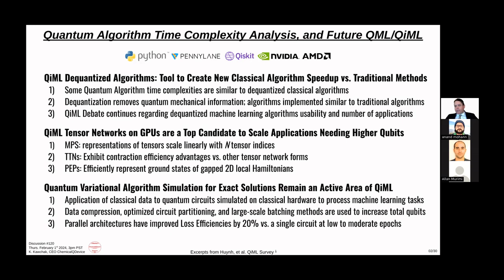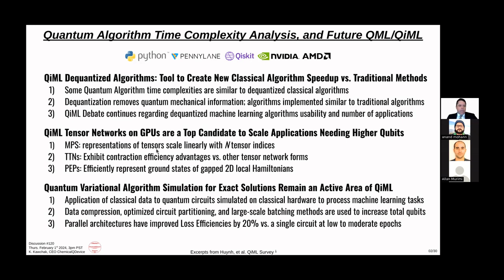This is what you most commonly find on Qiskit, PennyLane, and basically some of the limitations with running high qubits with that and trying to use data compression or optimized circuit partitioning and large scale batching, or some of these approaches to run. These are state vector algorithms, so they give exact solutions, unlike the approximate methods with tensor networks.